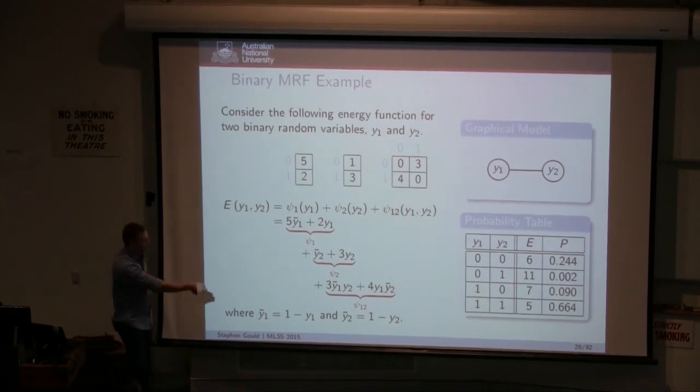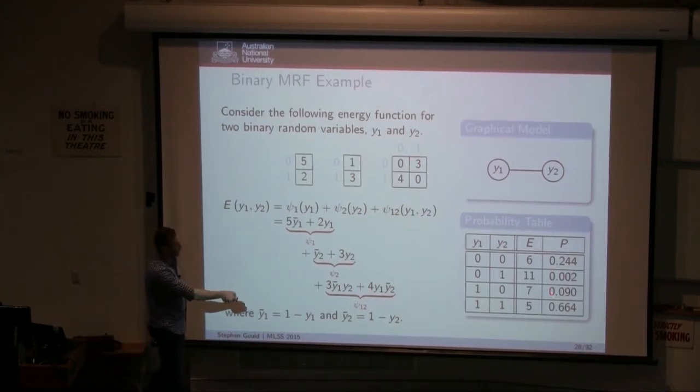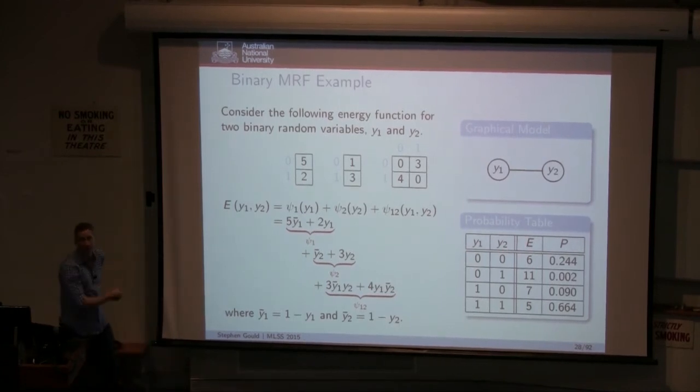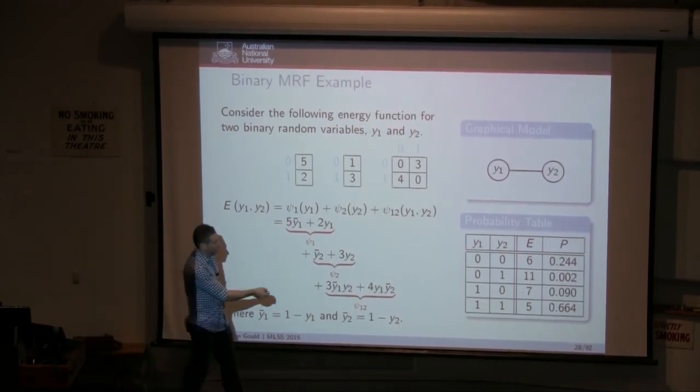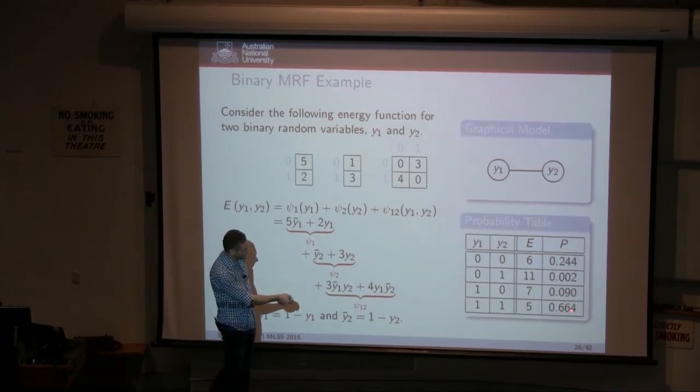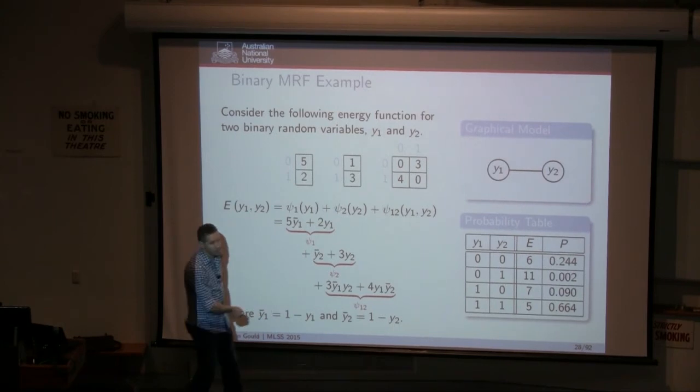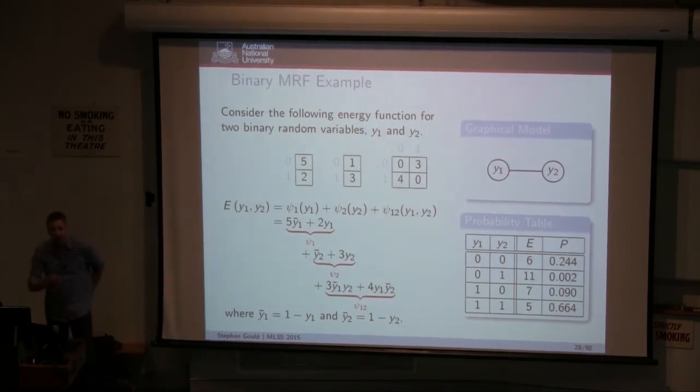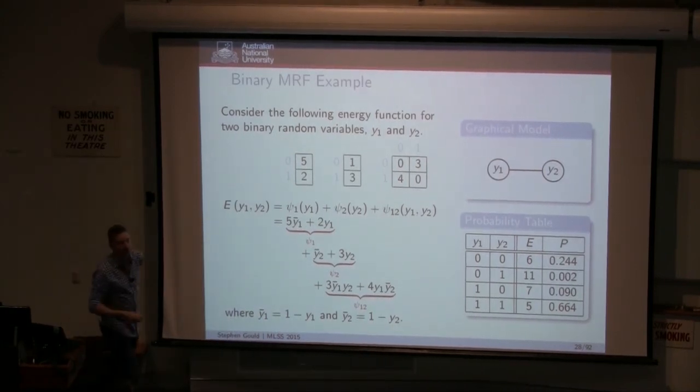I can do that for all of my energies, and then the probability is just e to the minus energy, normalized so that it sums to 1. You can see that the highest probability assignment is 1, 1, according to my model, and that's also the assignment that has the lowest energy. Energy minimization equals MAP assignment, the most probable assignment.